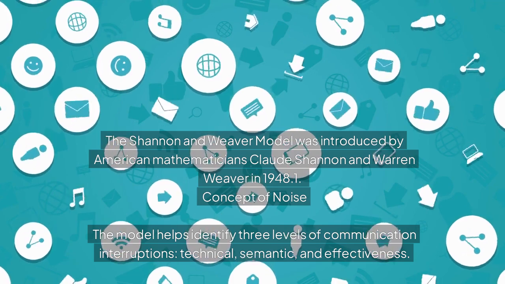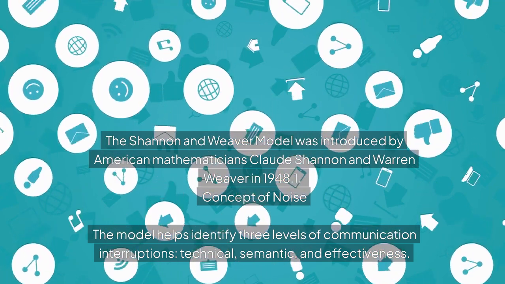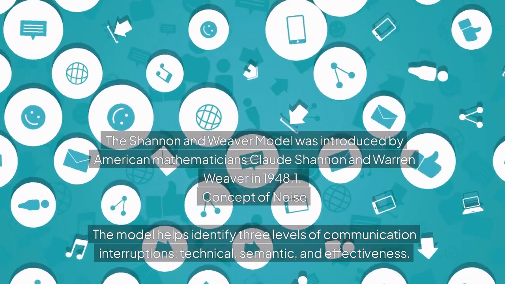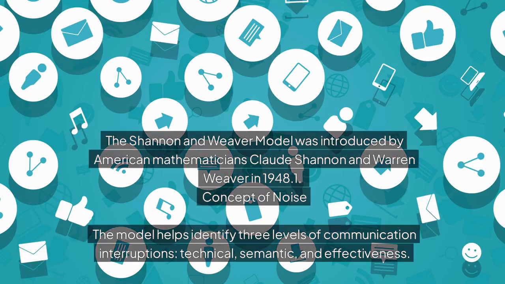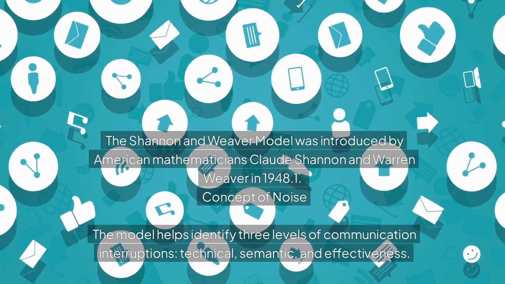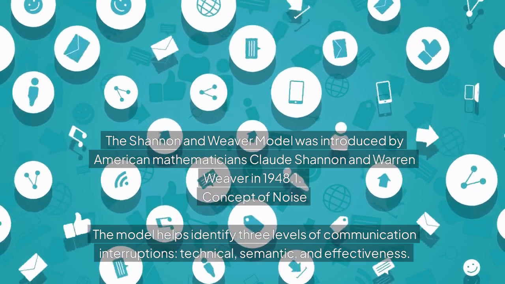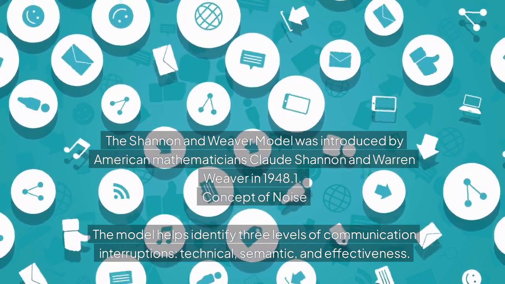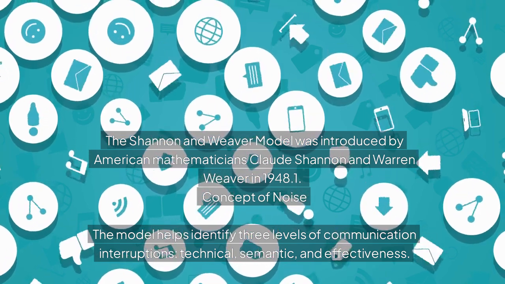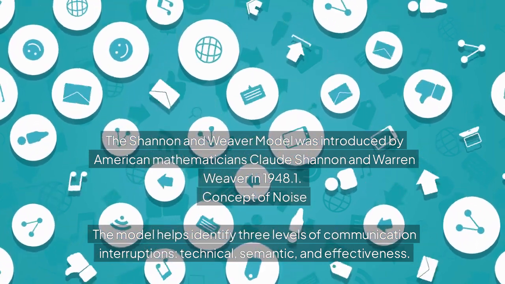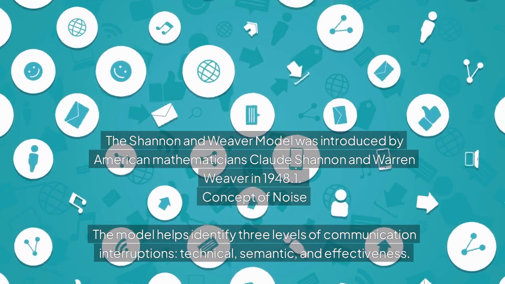Semantic means if we do not understand the meaning of what the person is saying, then also communication will be disturbed. And third was effectiveness, that whatever message you want to tell the person, they do not react the way it is intended to. So these are some of the most important things you have to remember about the Shannon and Weaver model.